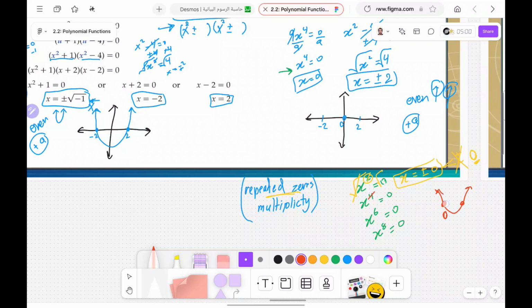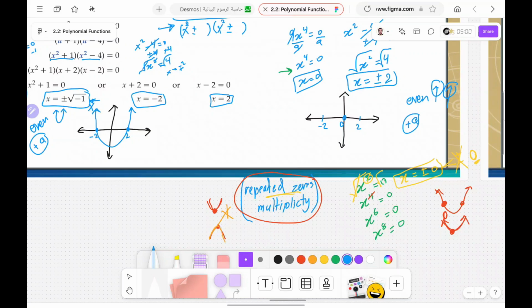But when this point is multiplicity or repeated, the turning point will be at the same point itself. So when this 0 is multiplicity, that means this point will be your turning point. It will be like this, or like this. You can't go through the point. No, this is wrong. This point is multiplicity.